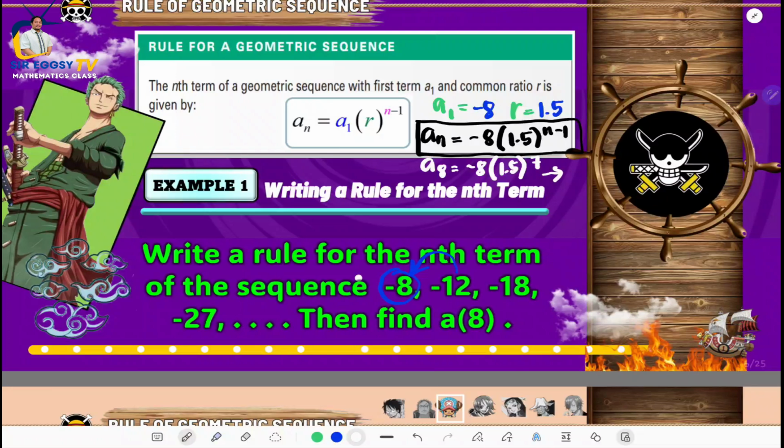Now in this case, since you are allowed to use a calculator, you can just type that in the calculator. So that's negative 8 times 1.5 raised to 7, which will give us a sub 8 equals negative 136.6875. And that is the value of a sub 8.